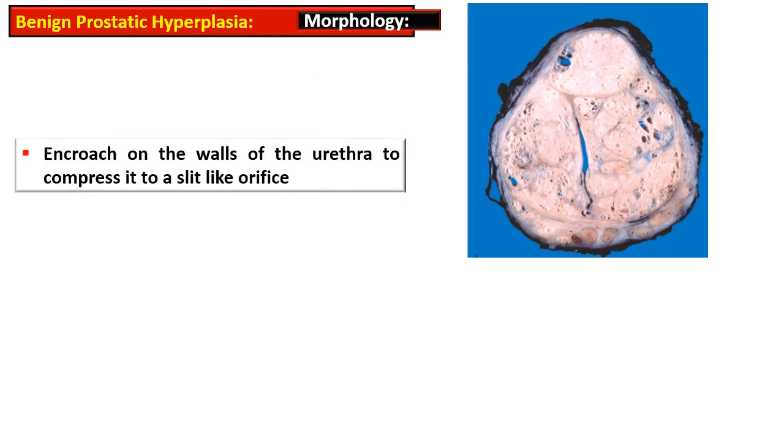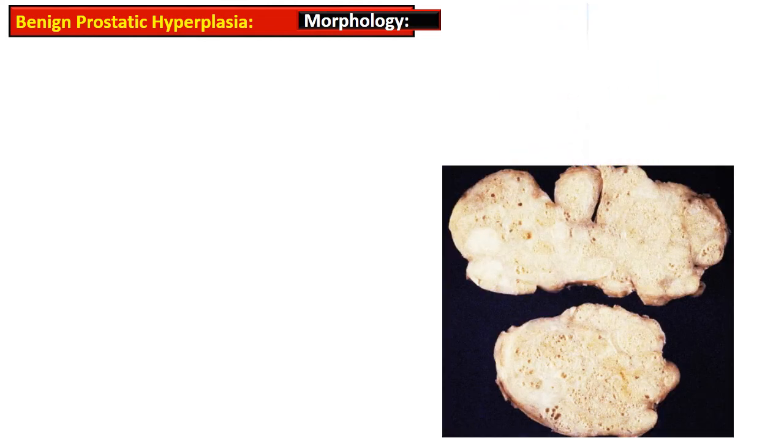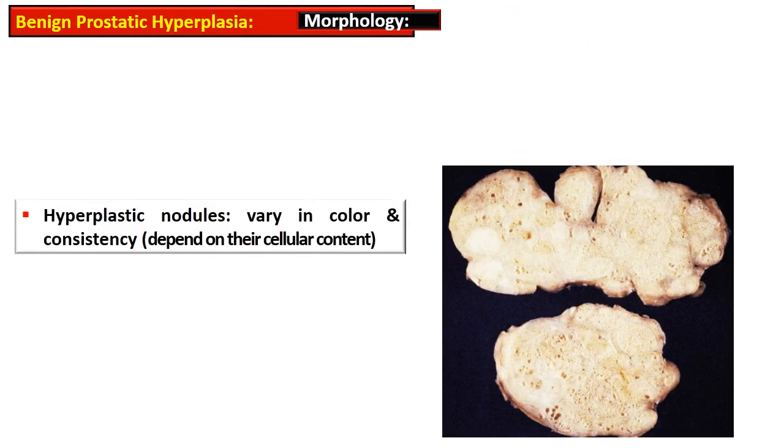This increase in size, that is lobular in appearance, encroaches onto the wall of the urethra and compresses it, like that seen in this picture. It compresses the urethra, and the urethra becomes a slit-like orifice. So the nodular appearance of this prostate tissue in hyperplasia is due to hyperplastic nodules.